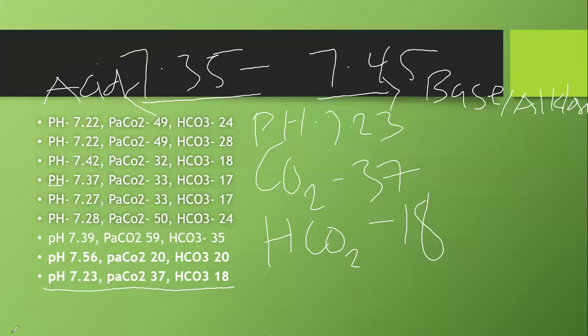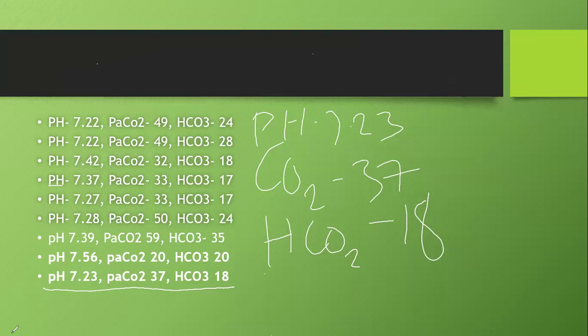Then I said that normal carbon dioxide is between 35 to 45. Carbon dioxide in itself is considered as acid.